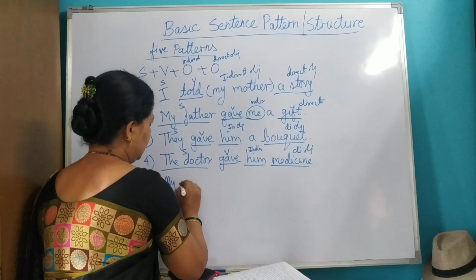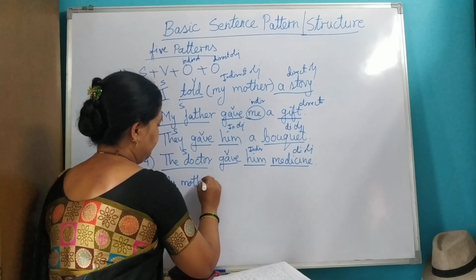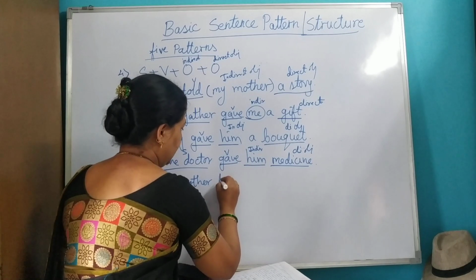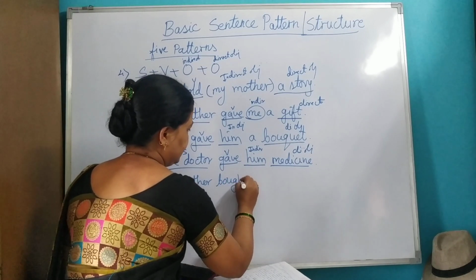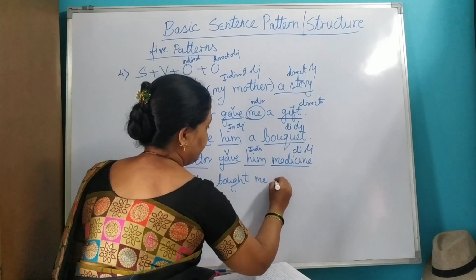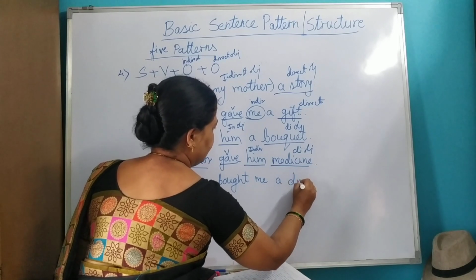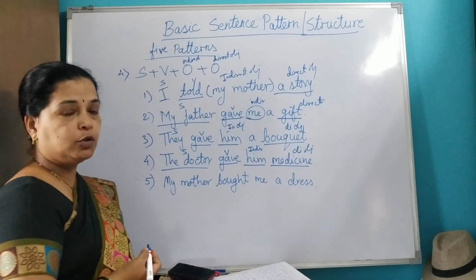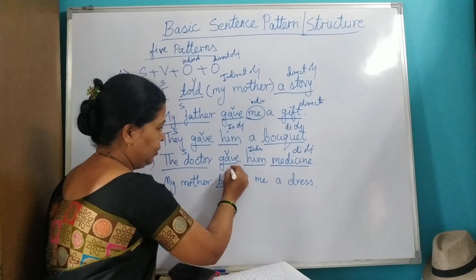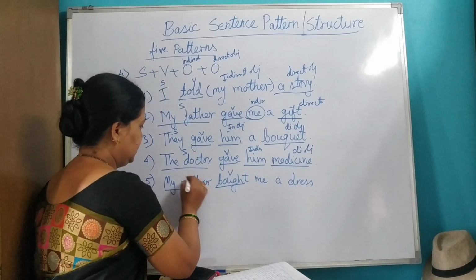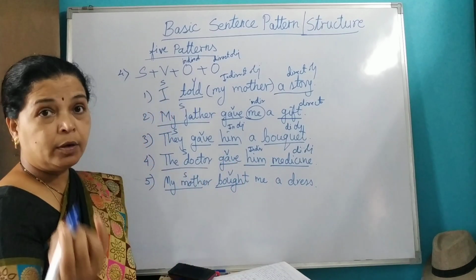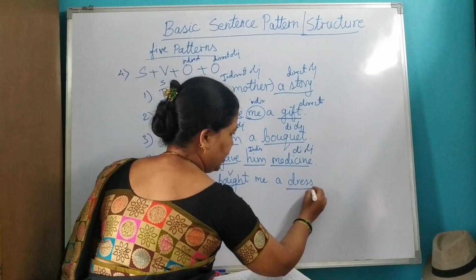My mother bought me a dress. Okay, so bought is the verb. Who bought? My mother. Subject. Bought what? A dress.